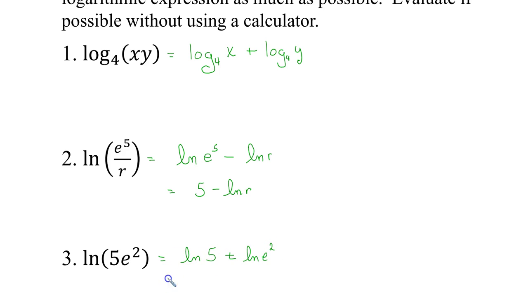Now the natural log of 5 we cannot do anything with without a calculator, and it said only evaluate without a calculator, so we leave this as the natural log of 5. Plus, again, we're using the properties of our natural logarithms, and the natural log of e to the second power simplifies to just 2.